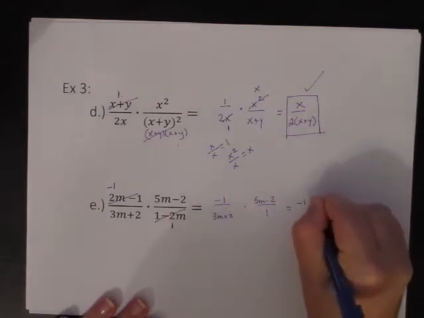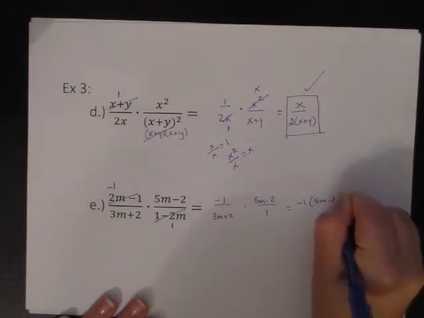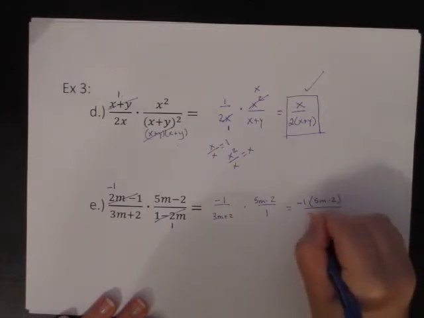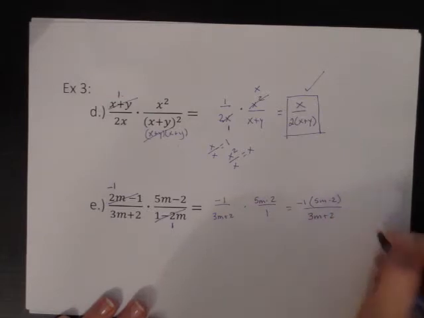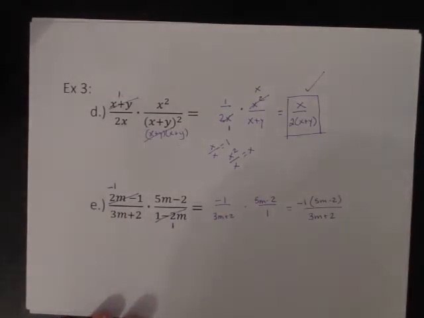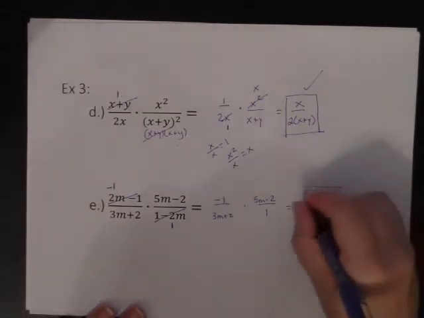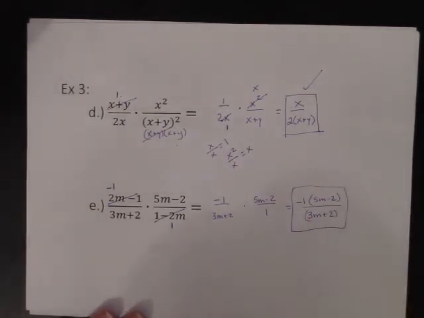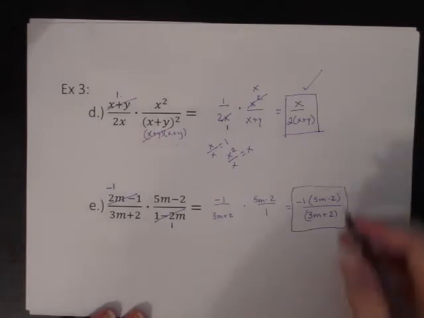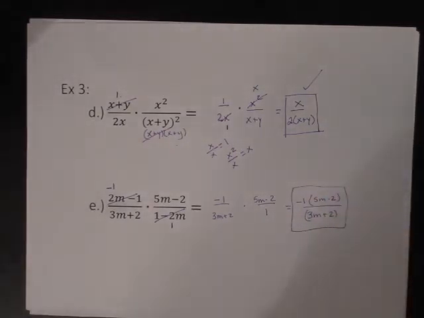So I've got negative 1 times 5m minus 2 over 3m plus 2 times 1, so I don't have to write that. If you want to put in parentheses, you can, but you don't have to. Now, again, this is 100% correct for me. If you do desire to distribute that negative 1, you can totally do that. It's not necessary though.